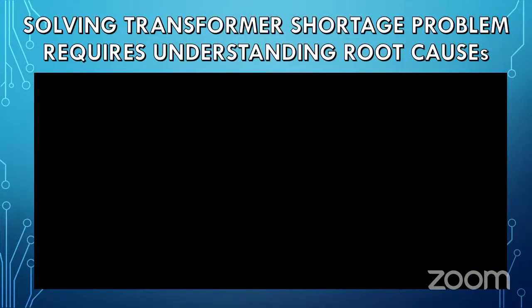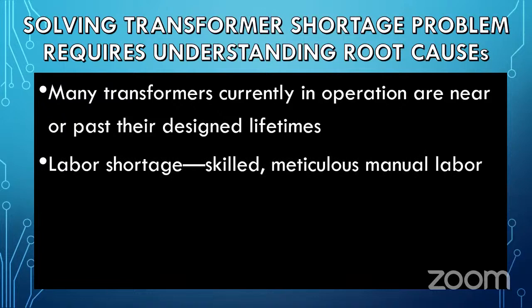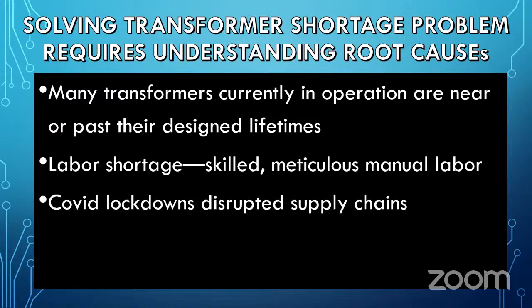Solving the transformer shortage problem requires understanding of the root causes. That's probably fairly obvious. Many transformers currently in operation are near or past their designed lifetimes. There are labor shortages. It requires skilled, meticulous manual labor to put these transformers together. COVID lockdowns disrupted supply chains.